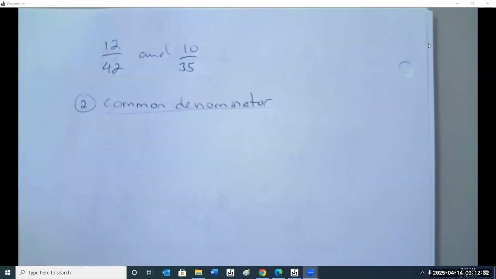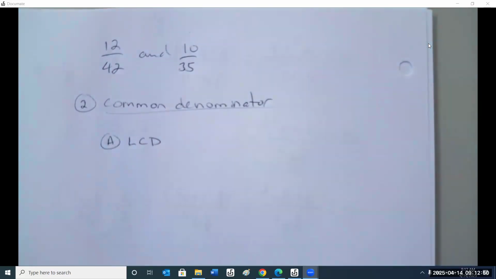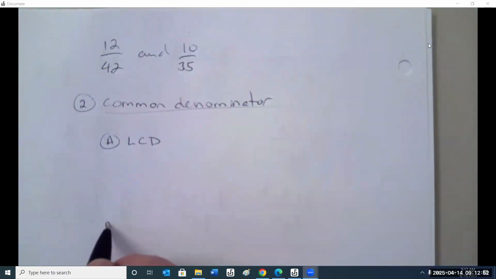Common denominator. That's the next one. This one has 2 parts. Least common denominator, or just a common denominator.